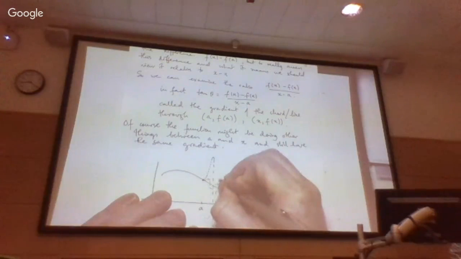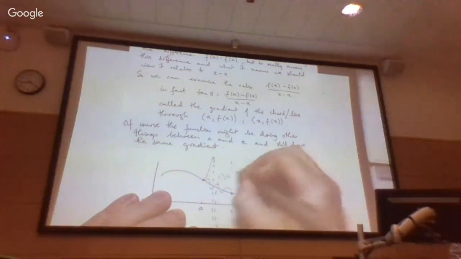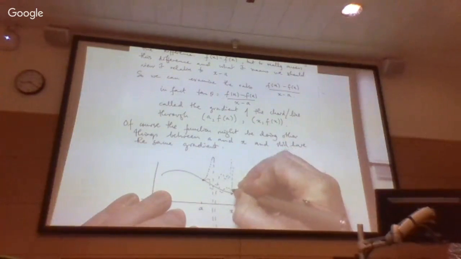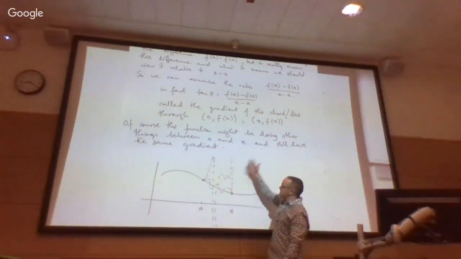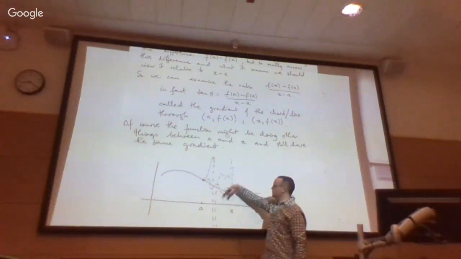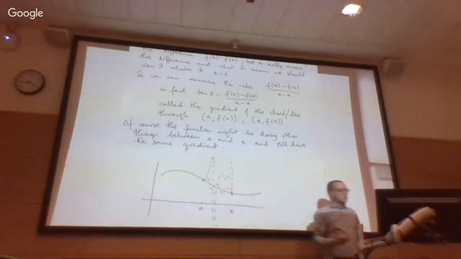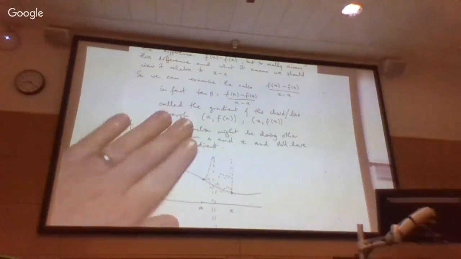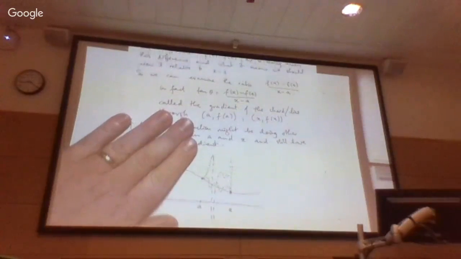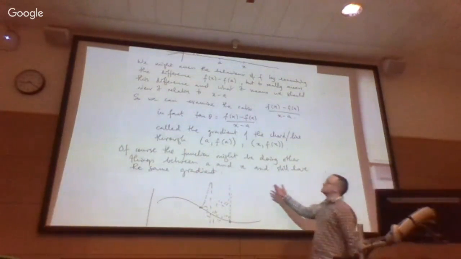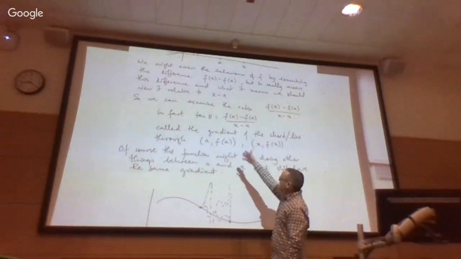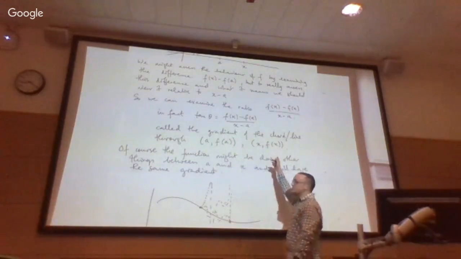It might have all sorts of weird behavior between A and X, but this definition of a gradient is oblivious to what the function is doing between. Okay? So this definition of the gradient captures how the function is changing from the point A to the point X.